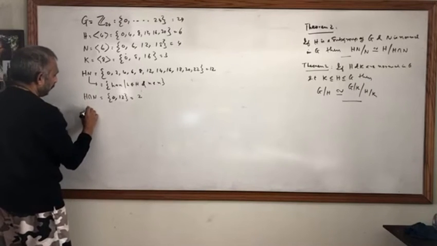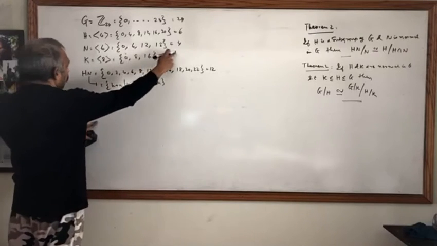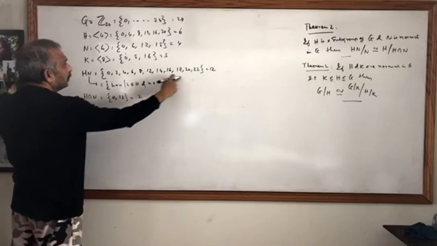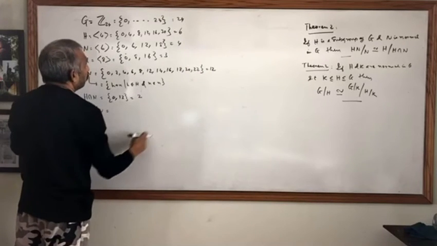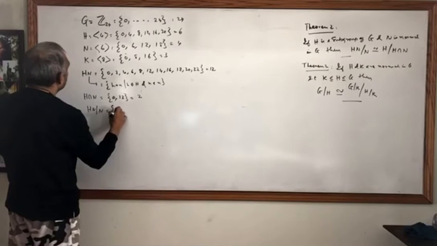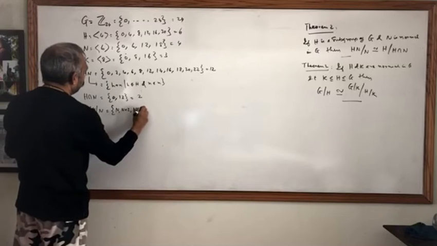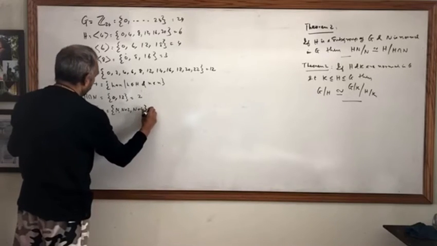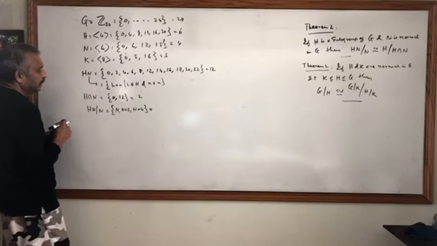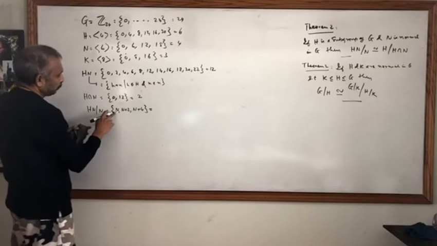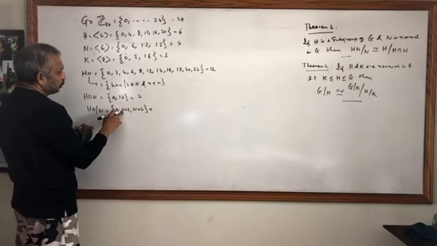So we'll find HN over N. N has 4 elements and HN has 12 elements, so this should have 3 elements: N, N plus 2, N plus 4. If you want to find those elements, you can expand N plus 2, and yes, this is fine.